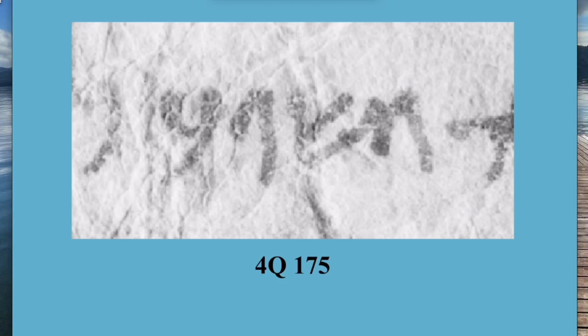Here, this is from Qumran, 4Q, so cave 4, probably first century, maybe a little bit first century BC, but probably first century CE. So we see, here's our Yod. That's a Yod in this scribal hand. The Shin goes like this. There's our Shin.